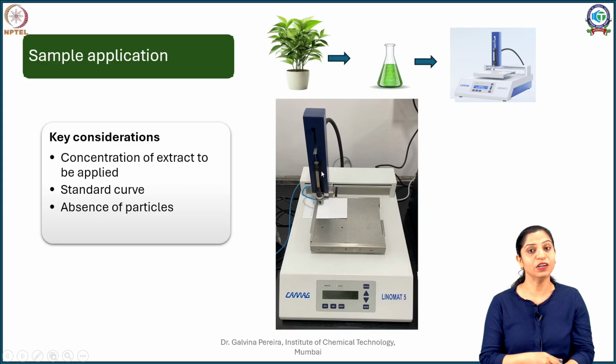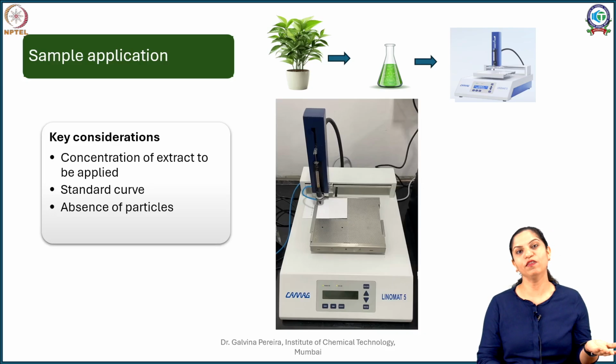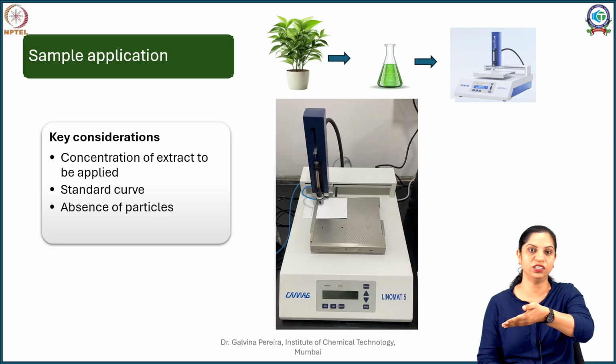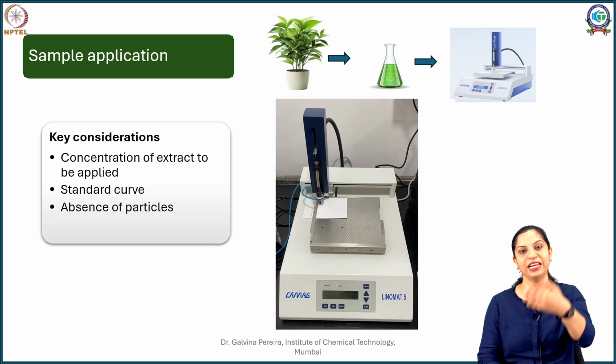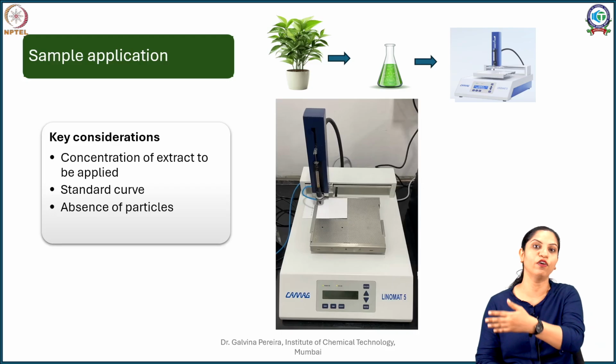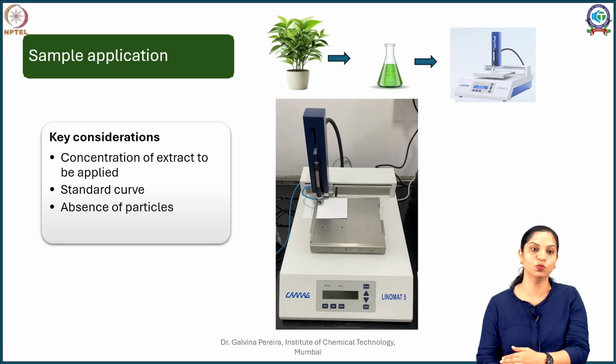Now once you have decided to apply it, you have to take a few key considerations in mind. First thing is the extract concentration. If the extract is too heavily loaded, it causes tailing. So I should use my extract optimally. In many cases, people apply extracts in 3 different amounts, like 5 microliters, 10 microliters and 15 microliters, just to be sure that at least one of them will run very smoothly.